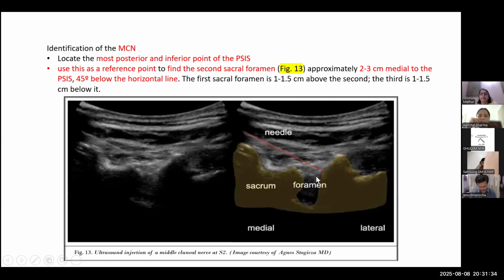I think I have never used this, so I'll not be able to throw too much light on this aspect. But I guess Dr. Aanchal or people doing the ultrasound may be able to tell more detail about how you go about it. The first sacral foramina is then counted as generally 1 to 1.5 centimeter above, and the third is counted as 1 to 1.5 centimeter below, taking the second foramina as a reference.